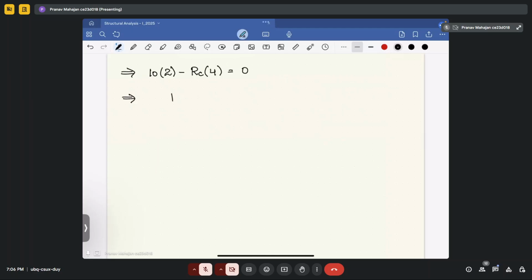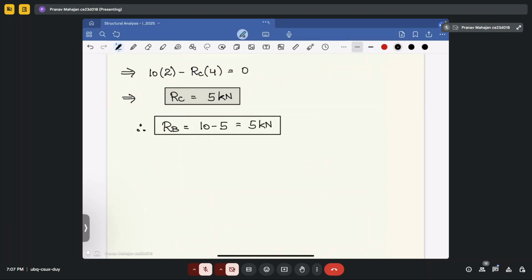That means your RC is coming out to be 5 kilonewton. Fine. Now you have to calculate RB. Your RB will be equal to 10, which is the total load, minus 5, equal to 5 kilonewton.